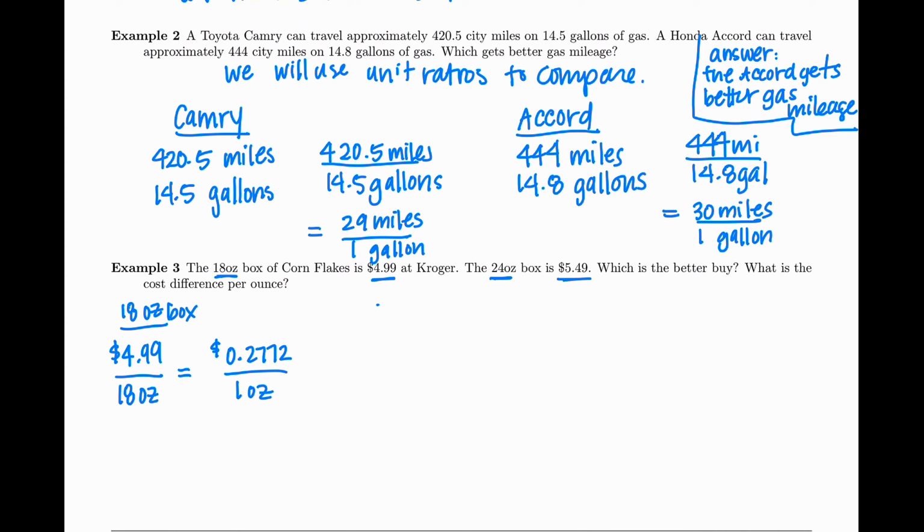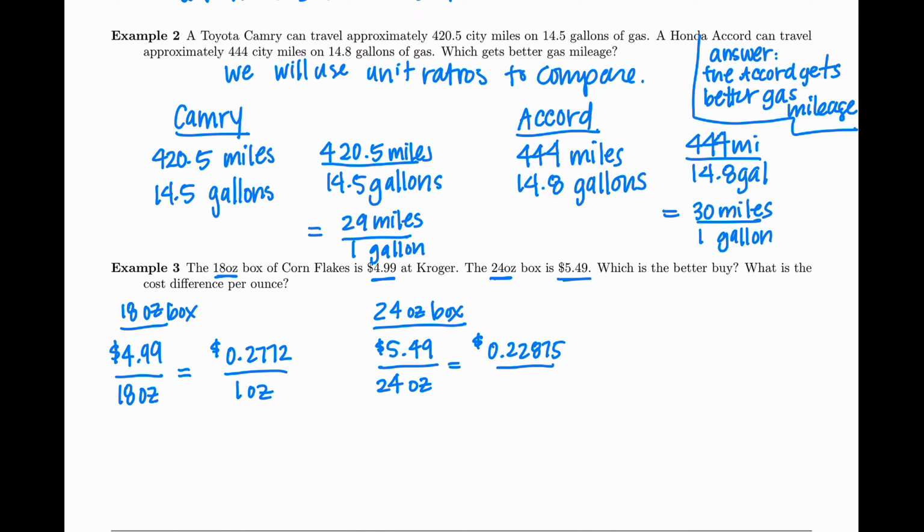If we look at the 24-ounce box, it costs a little more. It is $5.49. But it's a 24-ounce box, so you're also getting a little bit more cornflakes. Now let's compare though. Is it a better buy? Again, we'll use a unit ratio and we'll take the $5.49 and divide it by 24, and we end up with 0.22875.